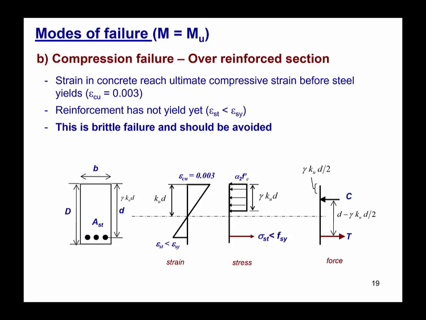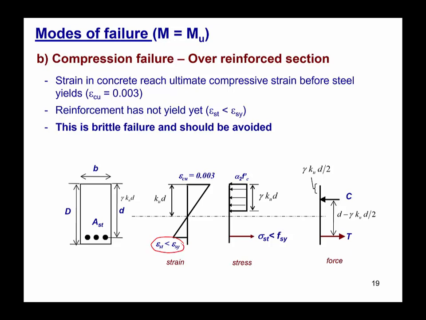Now the second kind of failure is compression failure, which happens in an over-reinforced section, when you have a large amount of reinforcement in the beam. The area of reinforcement is pretty high, so it cannot yield. So the concrete will crush first before the steel will yield. So the typical nature of the compression failure is that the steel strain is still less than epsilon sy.